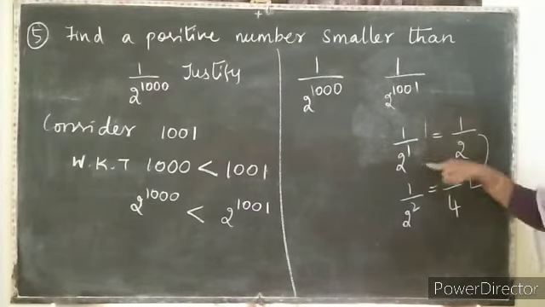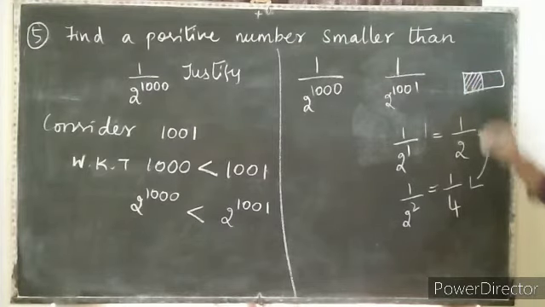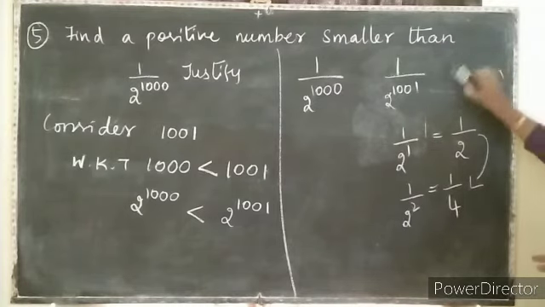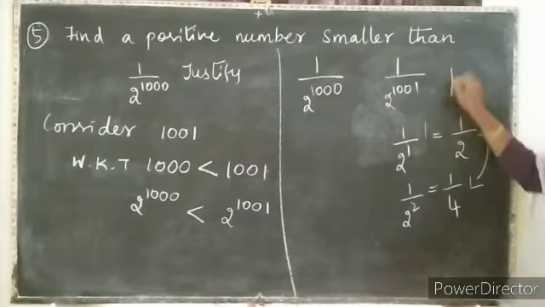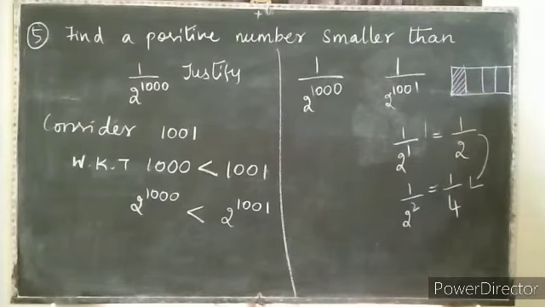Now look into this. What does 1 divided by 2 mean? Out of 2 parts, I am shading 1 part. What is meant by 1 divided by 4? Out of 4 parts, I am shading 1 part.